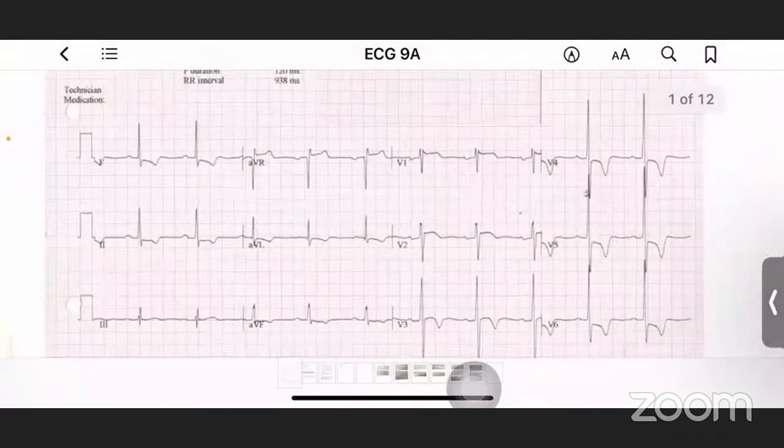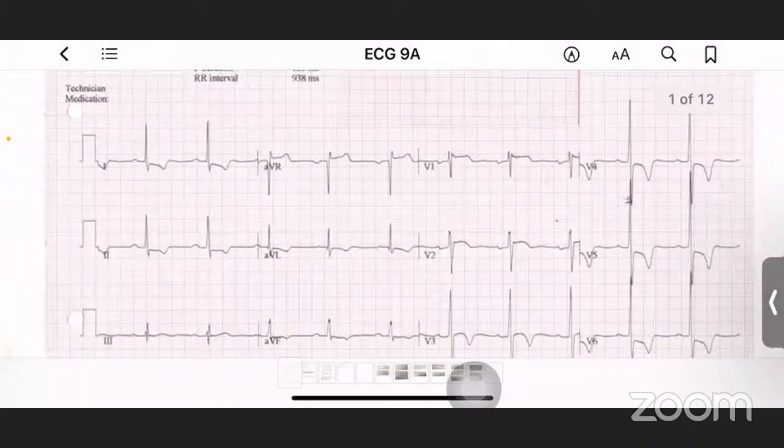I can see the calibration is correct. T-wave inversion. Okay, good. Some ST elevation over the AVR, V1, V2. Not sure, but the QRS complex from V1 to 6 is more towards V4, 5, 6.